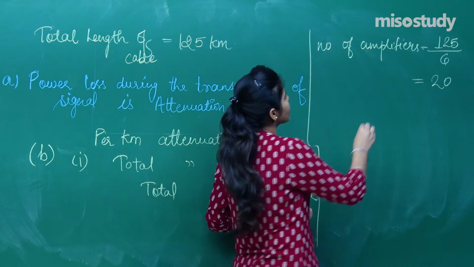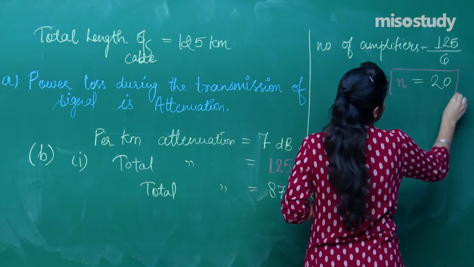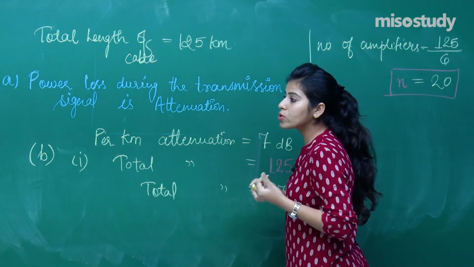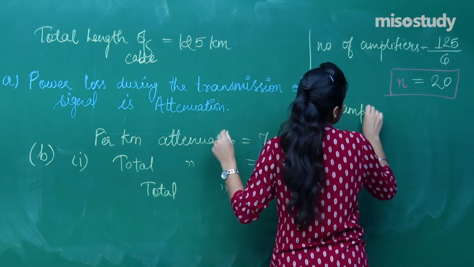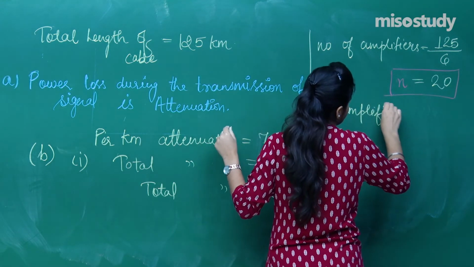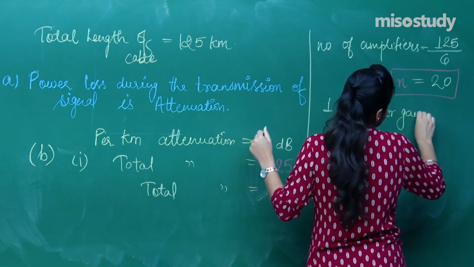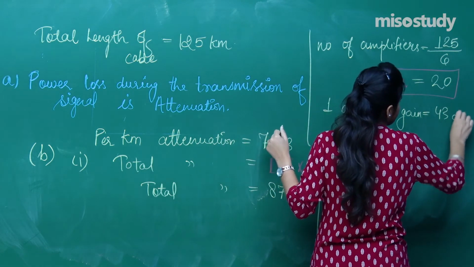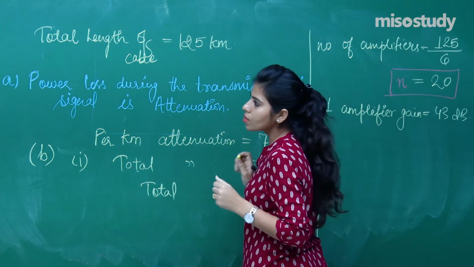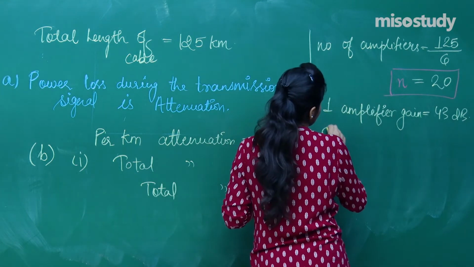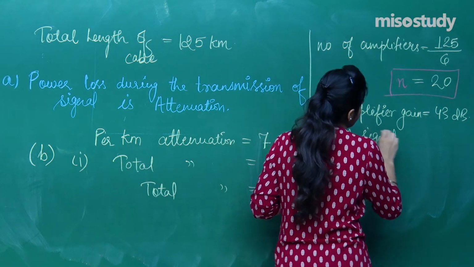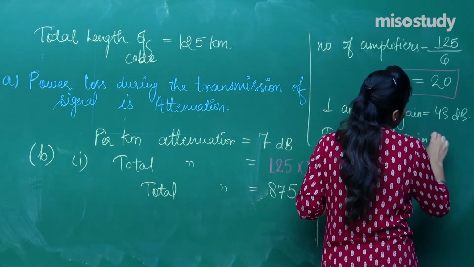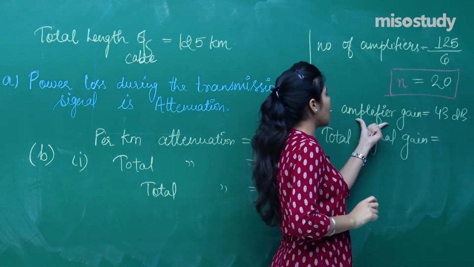So, now you know that the number of amplifiers is 20 and what you have to find? The total signal gain. One amplifier gain is 43 decibels. So, total signal gain will be the number of amplifiers multiplied by the amplifier gain.